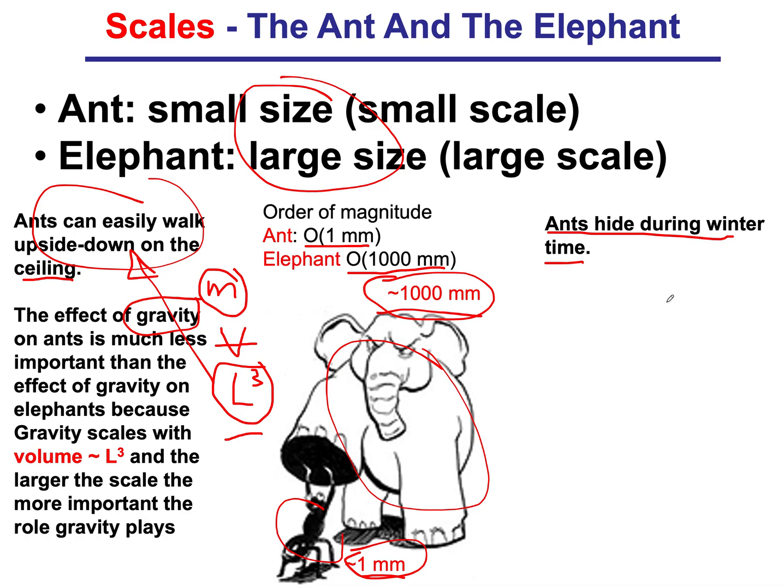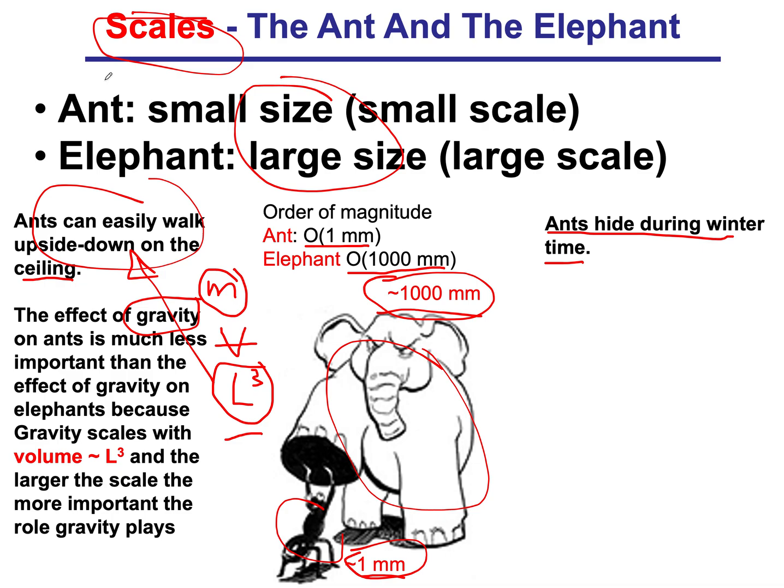And now let's look at another aspect of this scale. The scaling argument. What we're arguing here is that scales can decide or have implications on the behavior of a system.